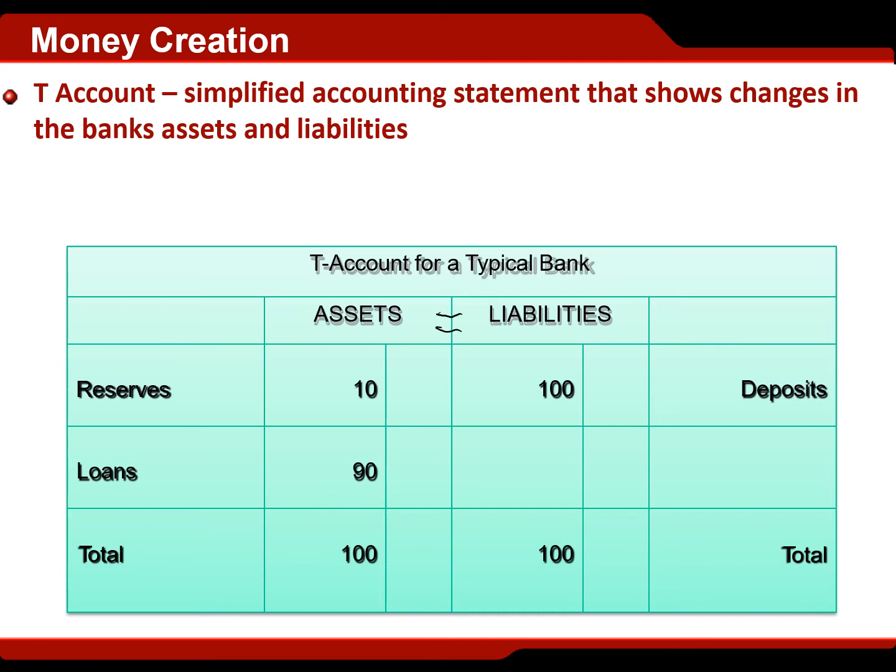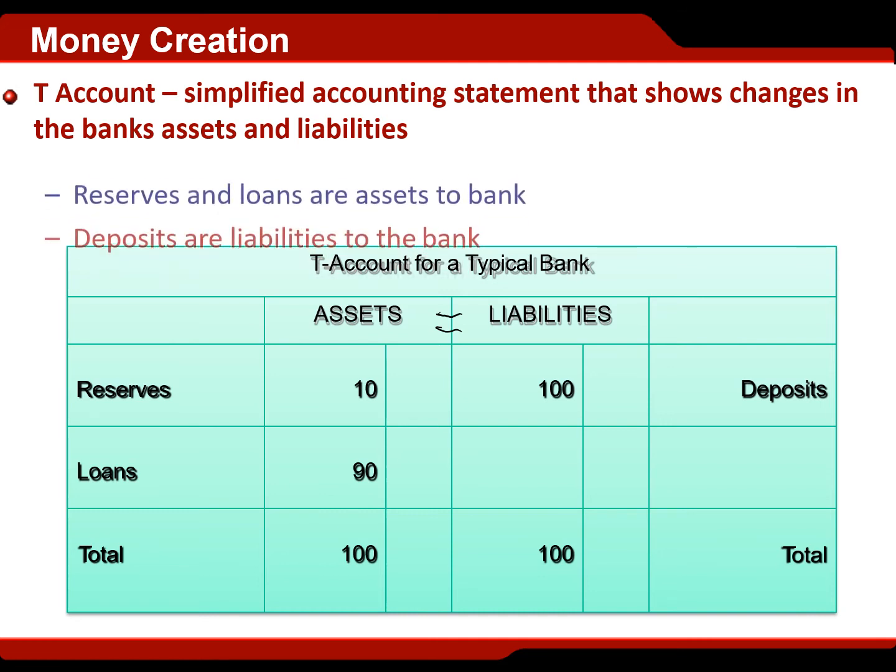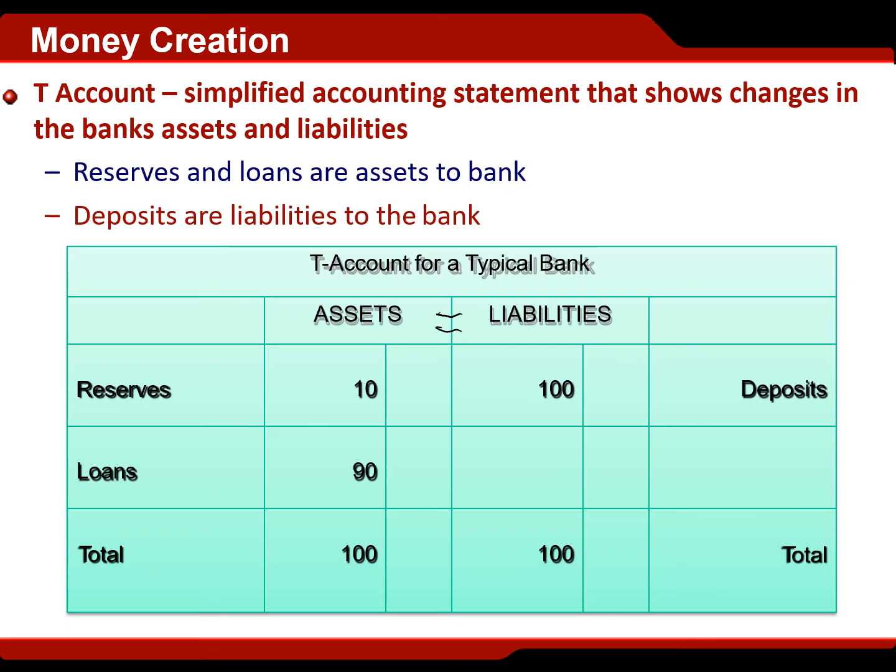Now, an asset just means something you own that's valuable, and a liability means something that you owe to somebody else. Okay. So a reserve or a loan is considered an asset to a bank because those are things of value that the bank has in their possession, right? Like if they've got physical cash reserves, that's valuable, and the bank's holding it, it's an asset. Or if they have a legal document or paperwork that shows that they loaned money to somebody and that person owes them money, that's also valuable, right?